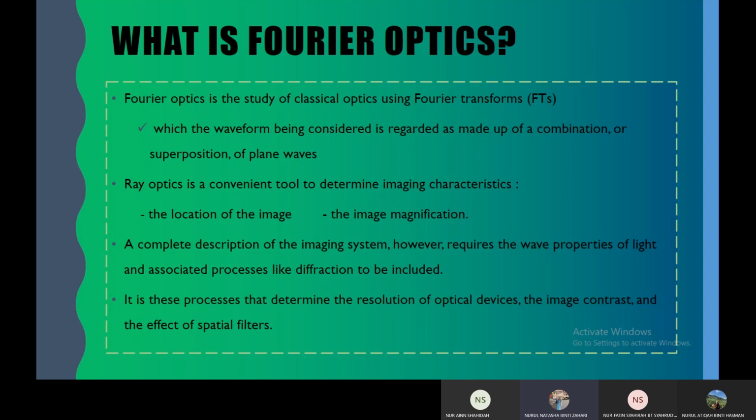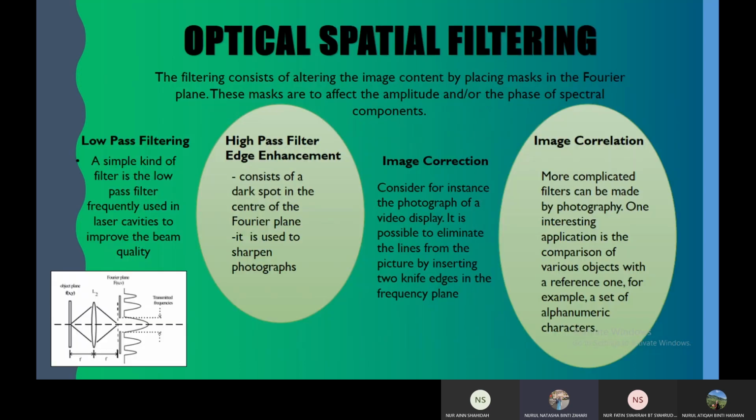of spatial filters. So next is optical spatial filtering. This filter consists of altering the image content by placing masks in the Fourier plane. These masks affect the amplitude and the phase of spectral components. So the first one is low pass filtering.